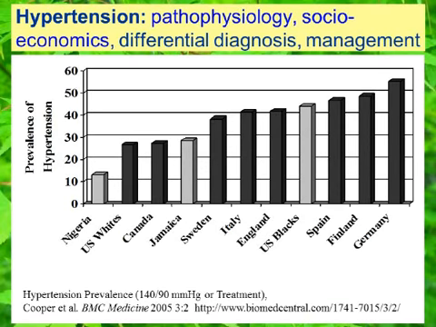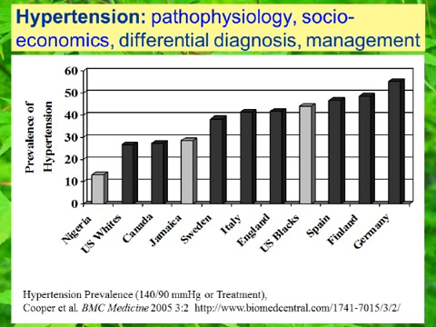This bar graph shows the prevalence of hypertension in different societies. The second bar in this graph is U.S. whites, who have about a 25% prevalence of hypertension. Farther along in this graph, the gray bar towards the right-hand side is U.S. blacks, who have a prevalence of hypertension that's greater than 40%.